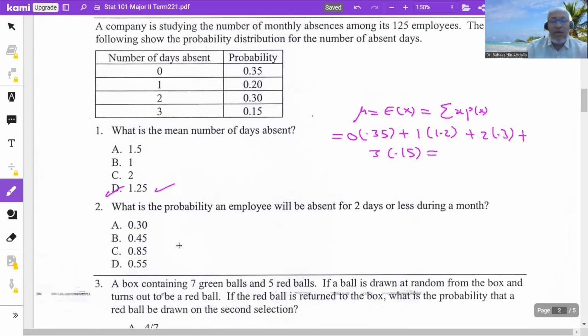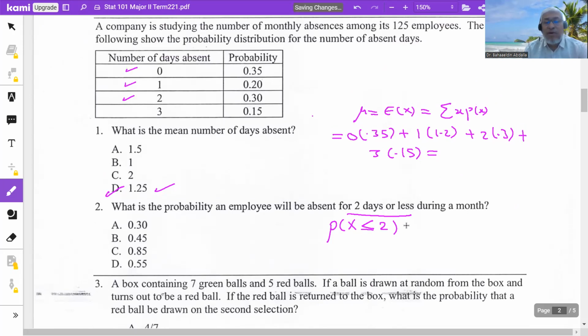What is the probability an employee will be absent for 2 days or less? He is asking for the probability that X is less than or equal to 2 days during a month. So 2 days or less means 2, 1 or 0.